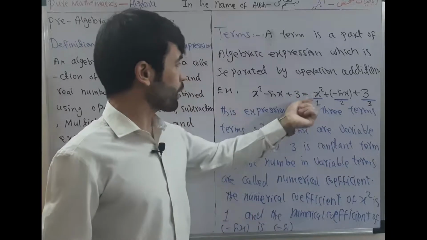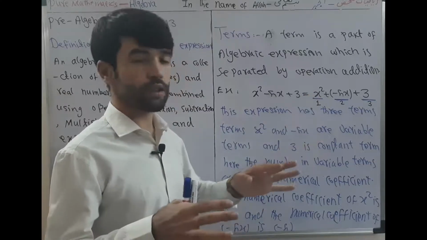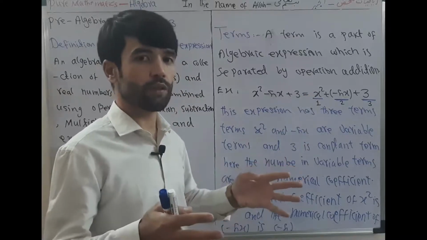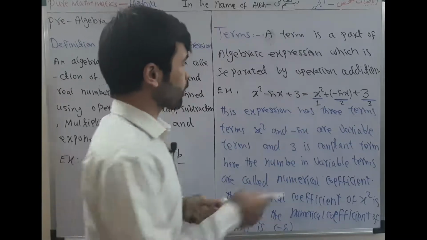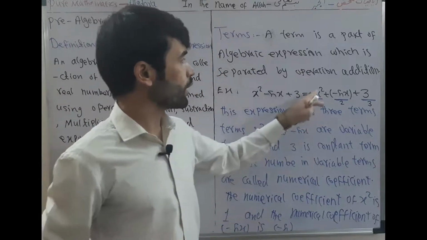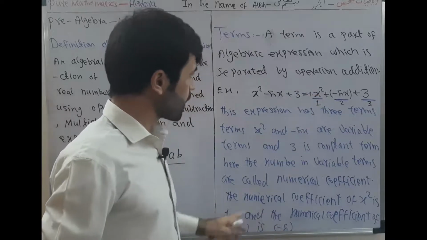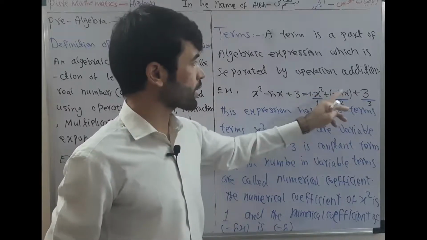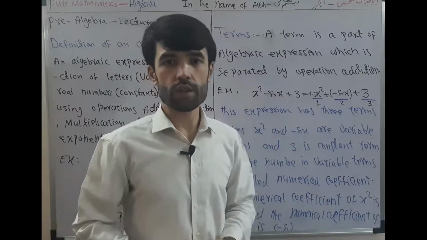The number in a variable term is called the numerical coefficient. The numerical coefficient of x squared is 1, the numerical coefficient of x is minus 5, and 3 is the constant term.